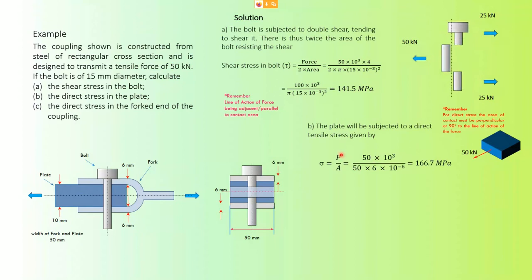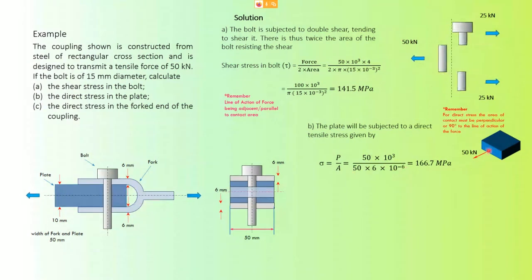So you have the load divided by the area. The load is 50 kilonewton, that is why you times 10 to the power of 3. For the area, I have 10 to the power of -6 because I am converting from mm square to meter square.